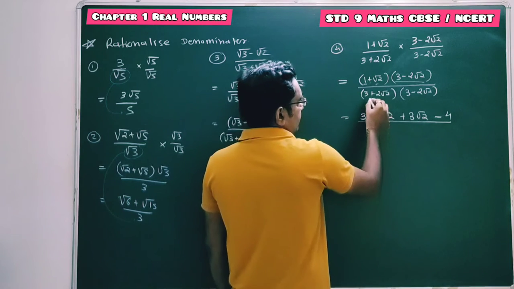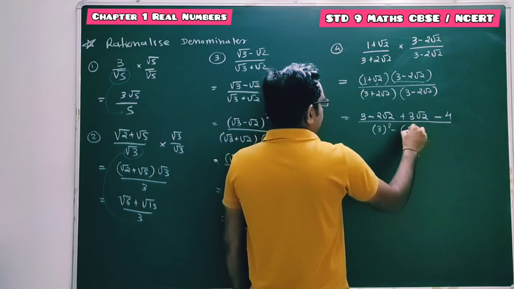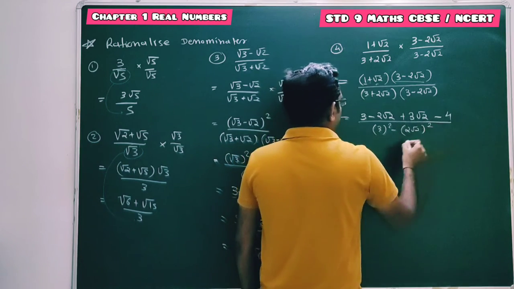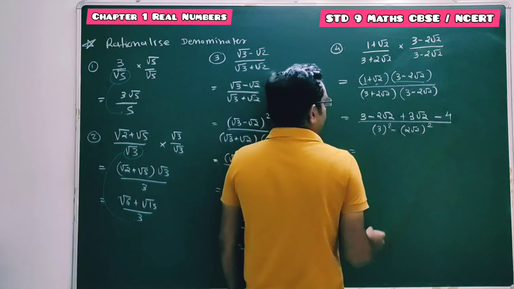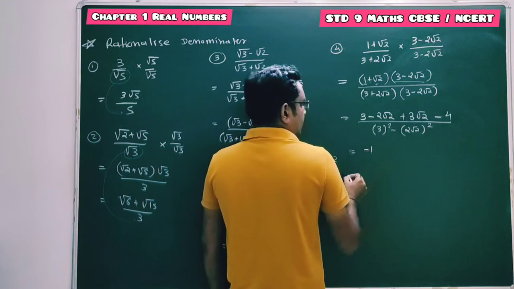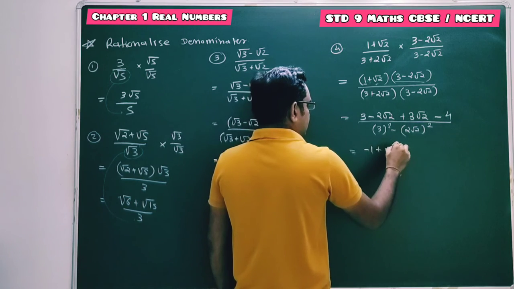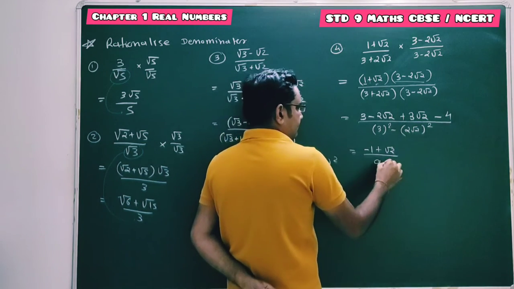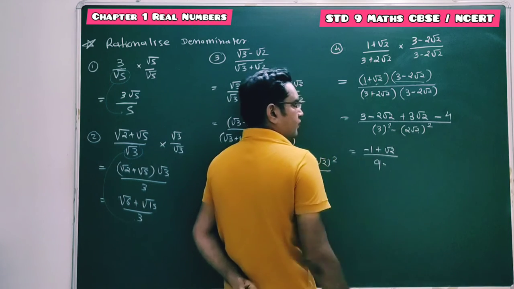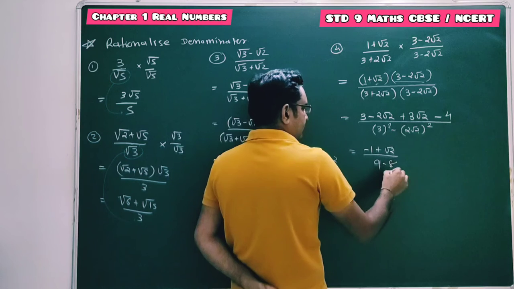Divided by 3 square minus (2 root 2) square. The numerator is 3 minus 4, which is minus 1, plus 3 root 2 minus 2 root 2, so it's 1 root 2, so it's root 2. In the denominator, 3 square is 9 minus (2 root 2) square: 2 square is 4, root 2 square is 2, 4 times 2 is 8, so 9 minus 8.